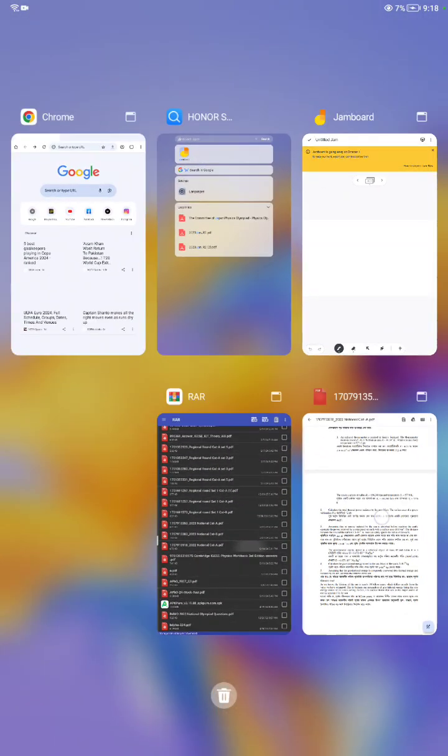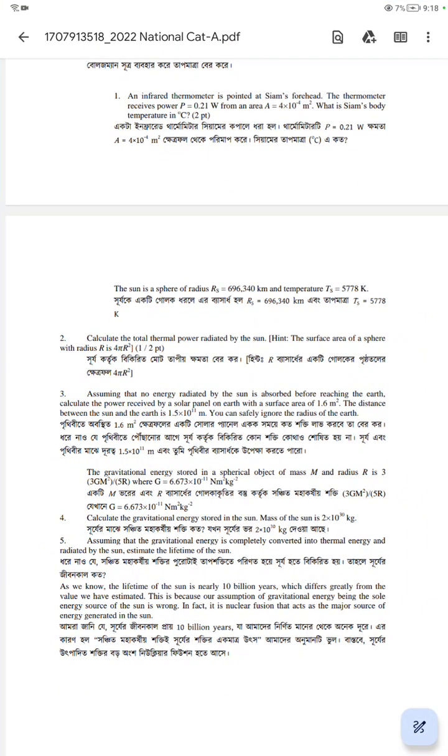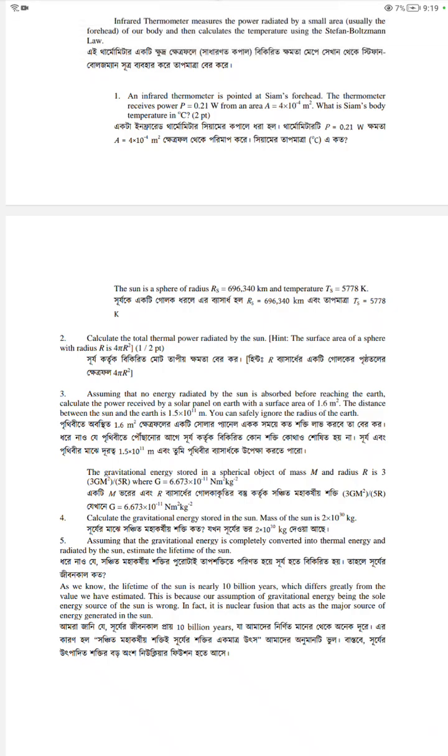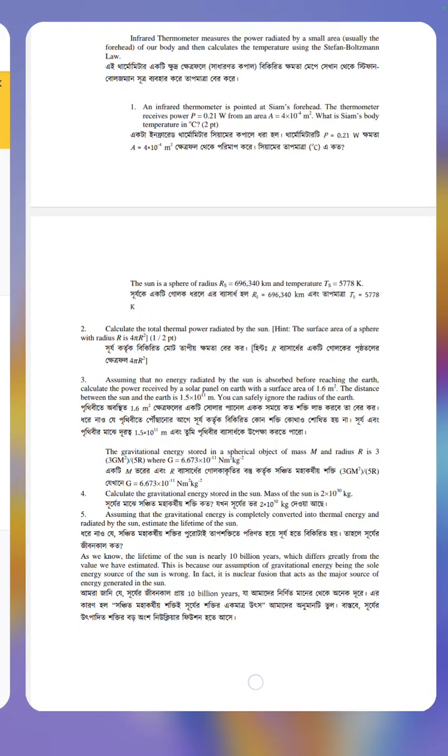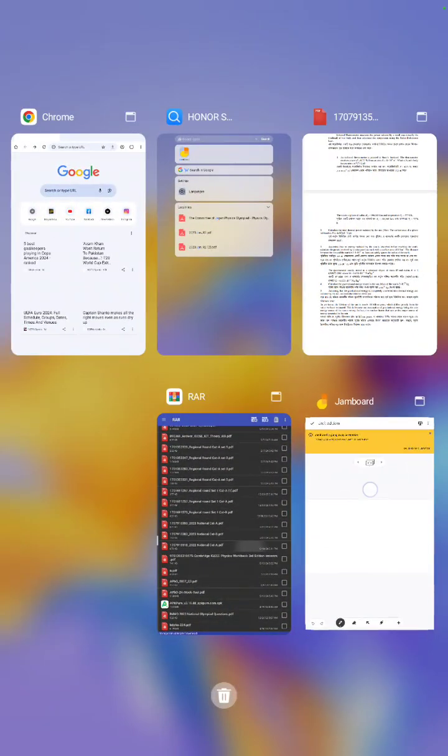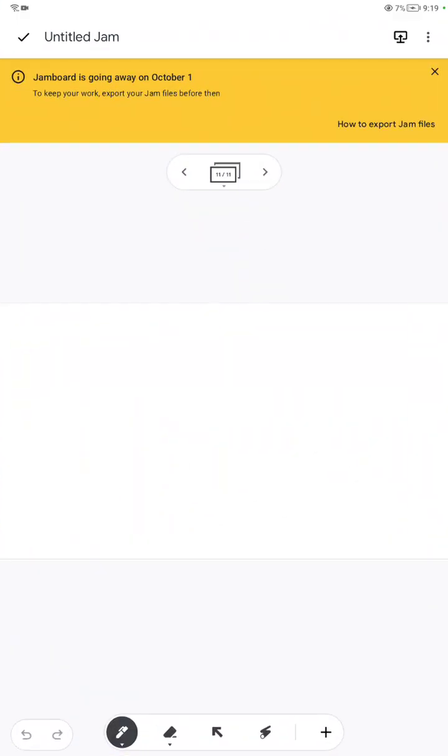So how does this solve our problem? We need to find the power absorbed by the solar panel, and it has a surface area of 1.6 square meters. So here's the thing: intensity is the power per unit area.